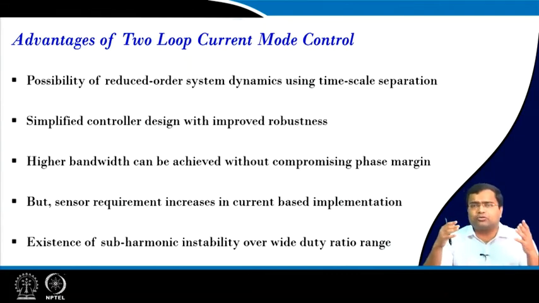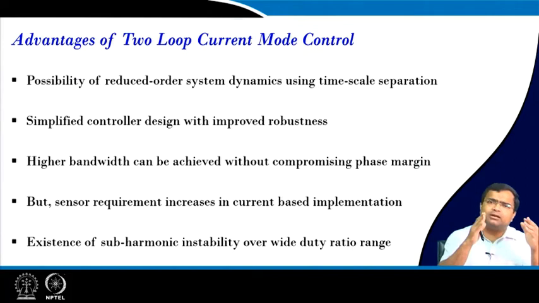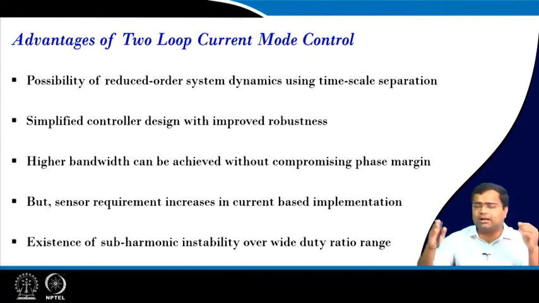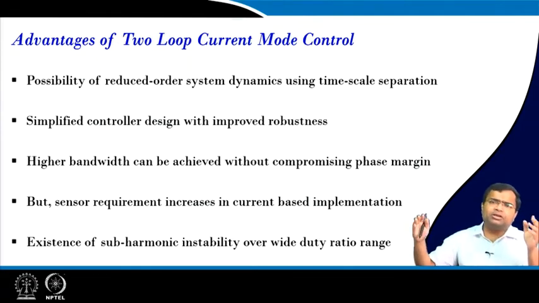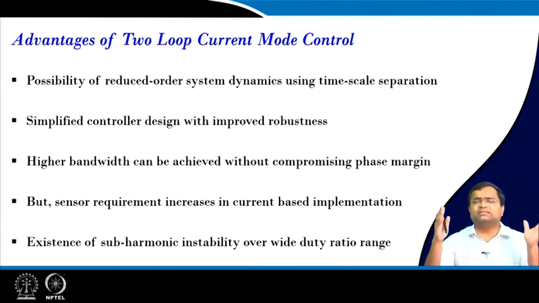But in current mode control with fixed frequency, let's say peak current mode control or valley current mode control, we saw there are stability issues in the inner current loop, particularly when you deviate from the 50% duty ratio. For peak current mode control, if you go above, let's say around 0.4 or so, you may end up with inner current loop instability.